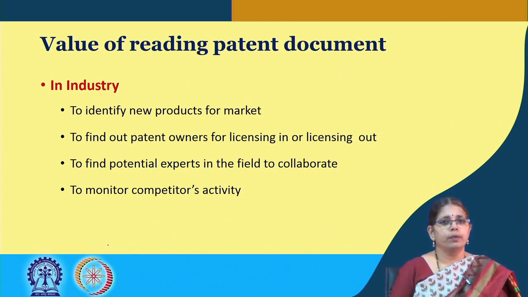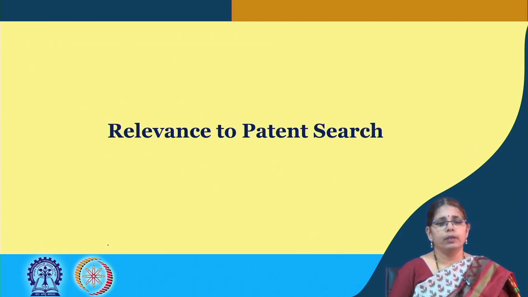The area of competitive intelligence is very important when it comes to patents because it helps monitor competitor activity. So, reading of patent documents has different purposes for different people. So, the relevance of patent search today is important because patents have become integral to research and development.